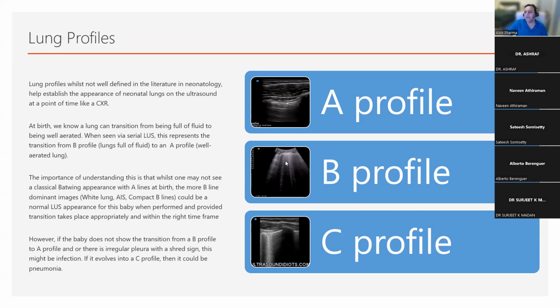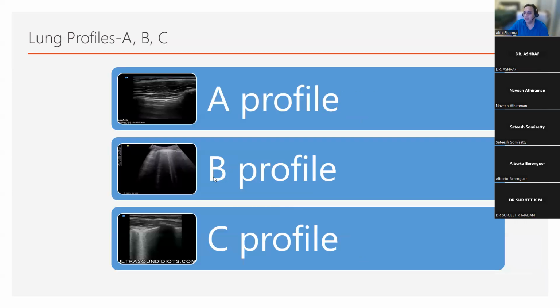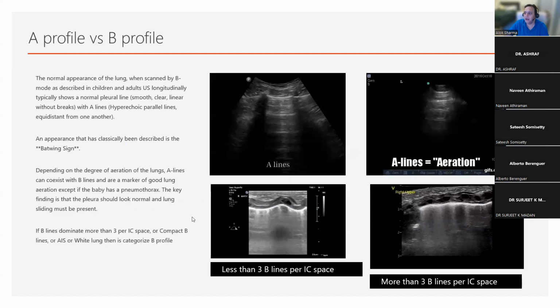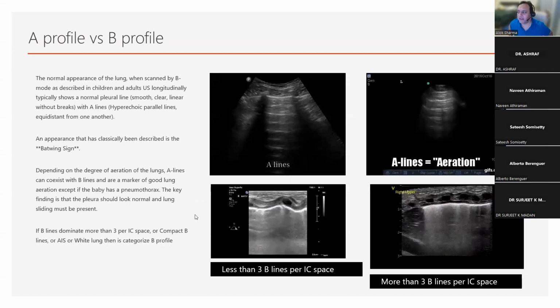But as soon as you see more than 3 B lines per intercostal space, as you can see here, we're transitioning to a B profile, and we build upon that. But if you start seeing an area which looks hepatized, dense, with irregular pleura, then what you're talking about is a consolidation profile or a C profile. So this is what they really look like, but there's a little bit more depth to it.